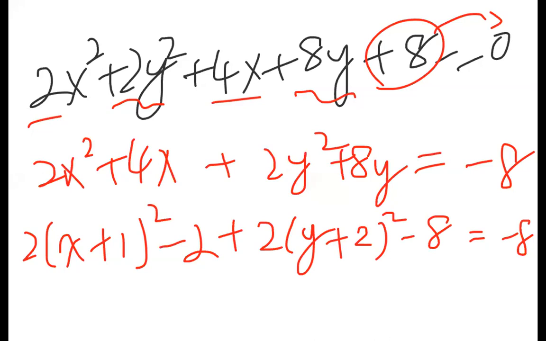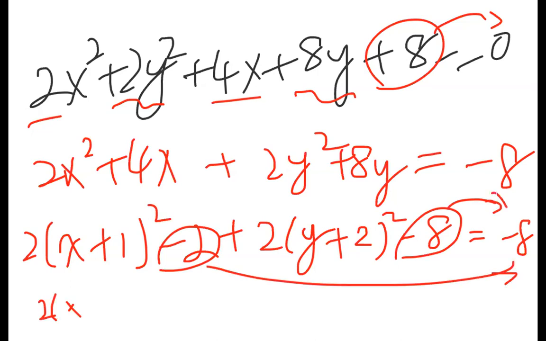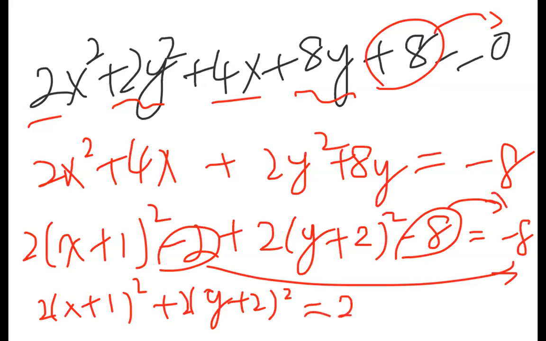Now you just need to put every number to the other side of the equation. You have minus 2, you have minus 8, they all move to the other side. So now you have 2 times x plus 1 squared plus 2 times y plus 2 squared equals, well, minus 8 plus 8 plus 2, so it's 2. Now the final step is to get rid of this 2 coefficient. You divide by 2 on both sides of the equation.